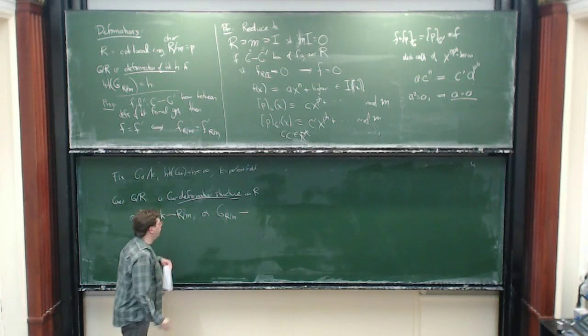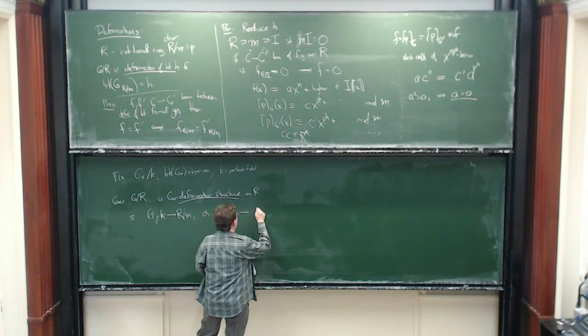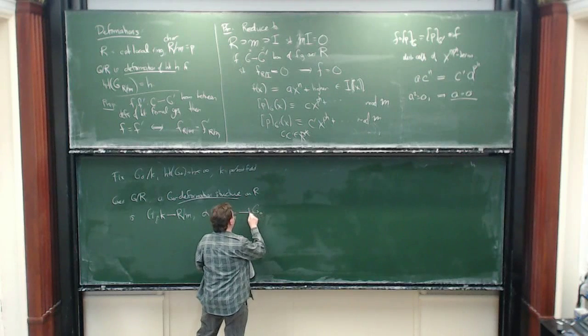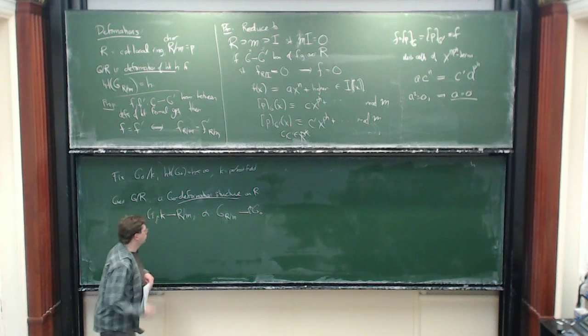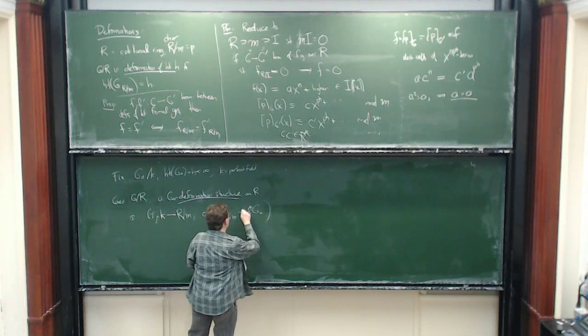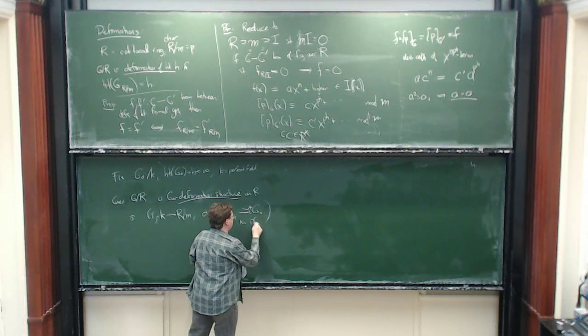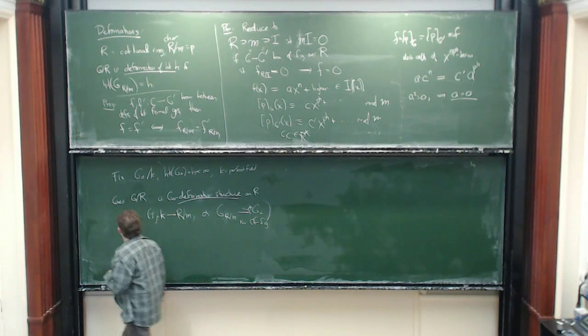On the one hand, I have G reduced to R mod m, its special fiber. And on the other hand, I have i upper star of G0, G0 moved over to R mod m. This is an isomorphism of formal groups. I'll call that a deformation structure.